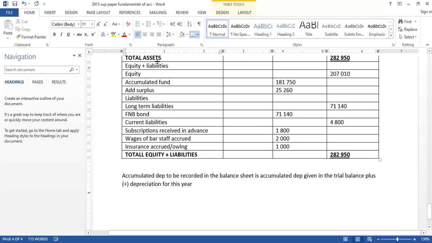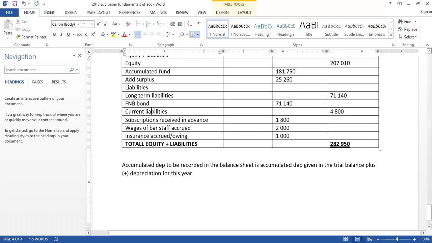So your equity plus liabilities should give you a total which is the same as your assets. So 207,010 of your equity plus 71,140 plus 4,800 gave you 282,950, which is the same as your total assets, meaning that your balance sheet balances.